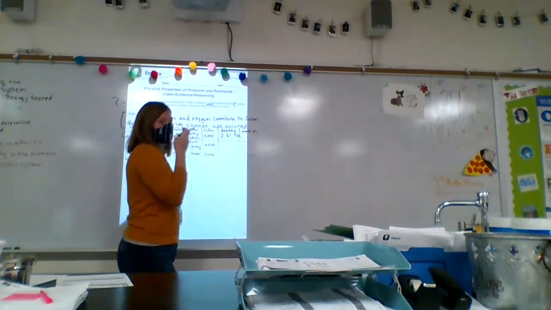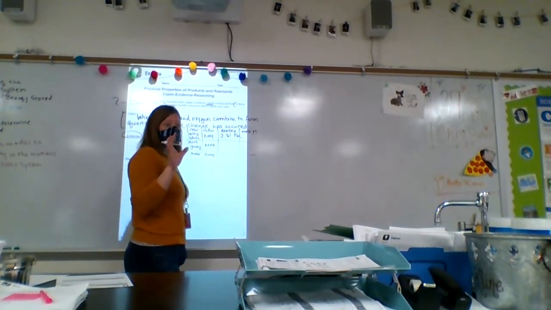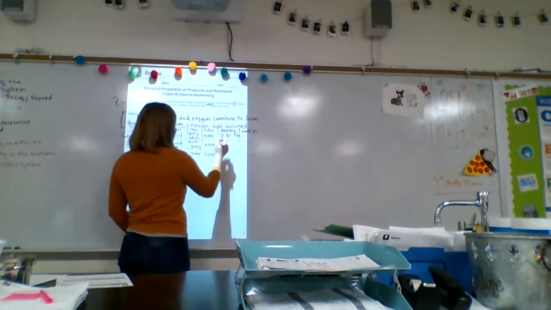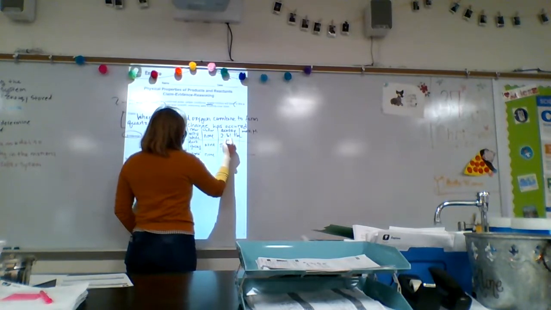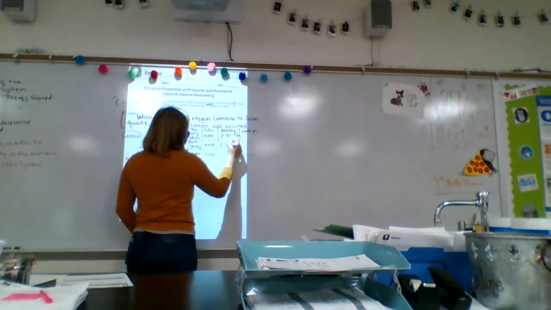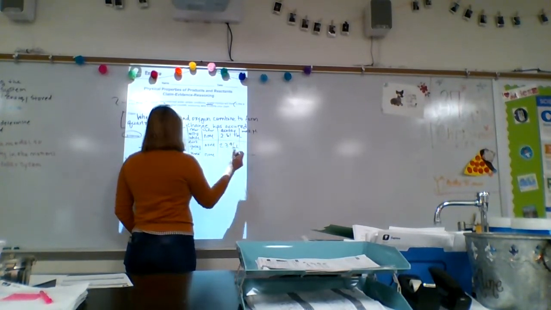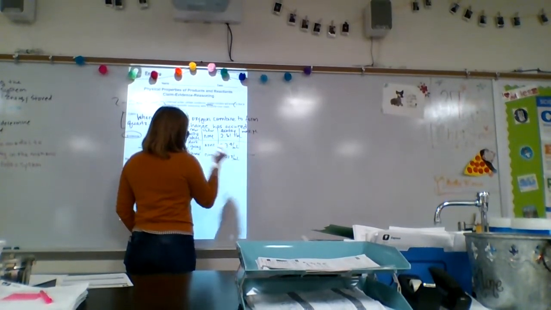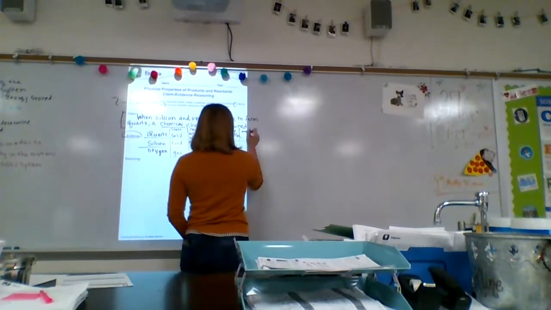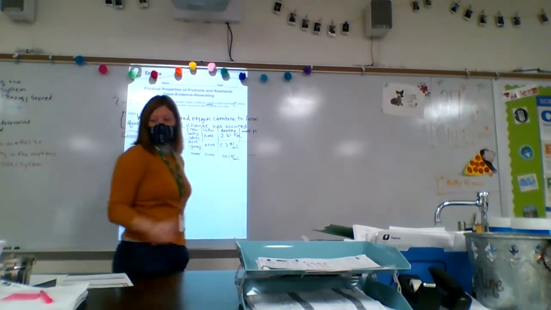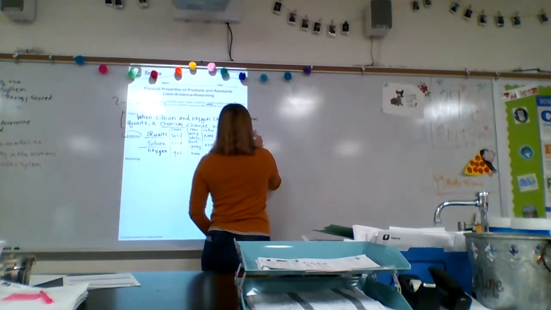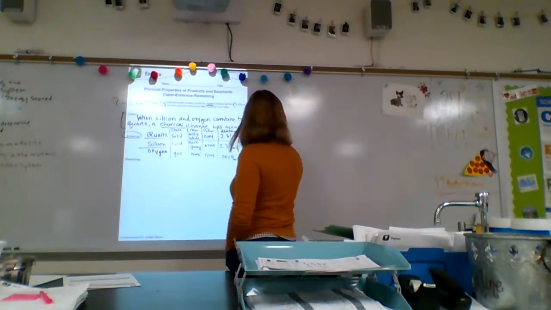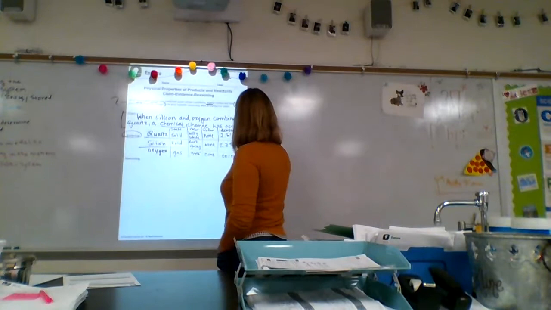I gave one to you on the sheet. Who's got the density for silicon? 2.3. Okay. How about the density of oxygen? 0.001. Okay. Melting point, you guys can record your data in there if you want to. What's the melting point for silicon?